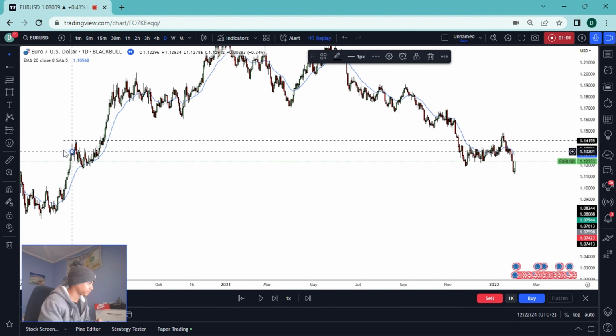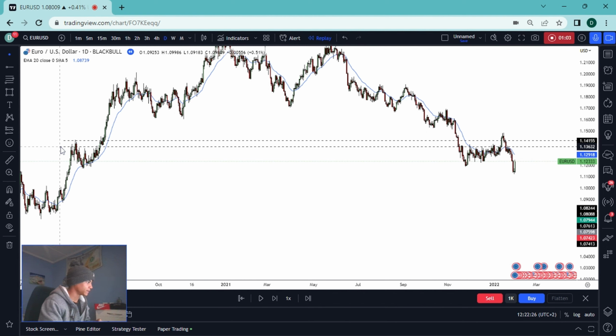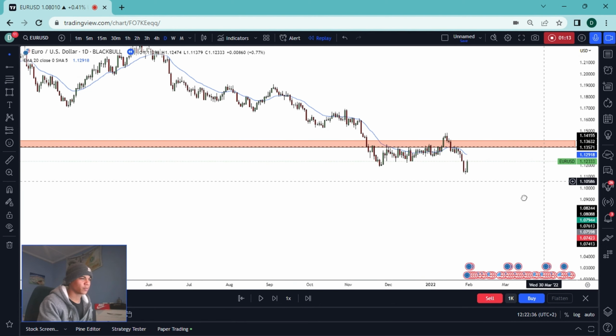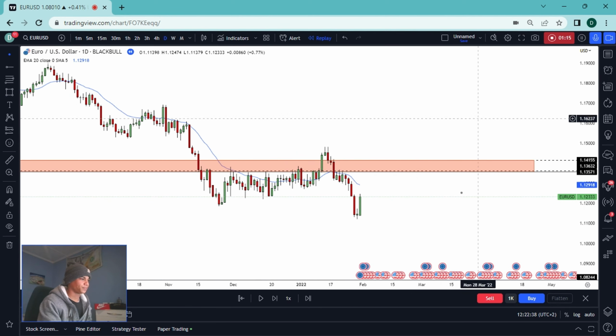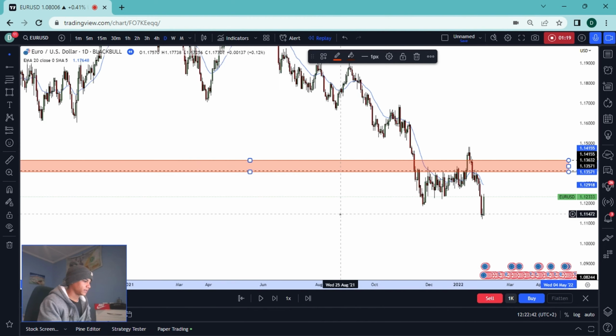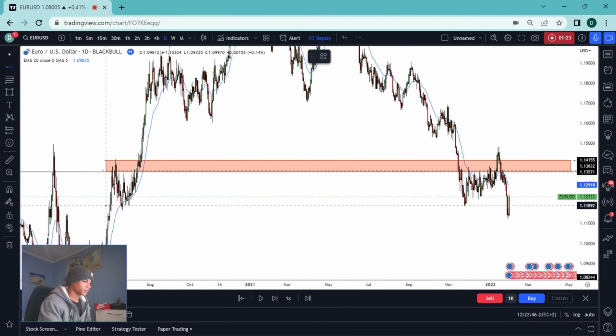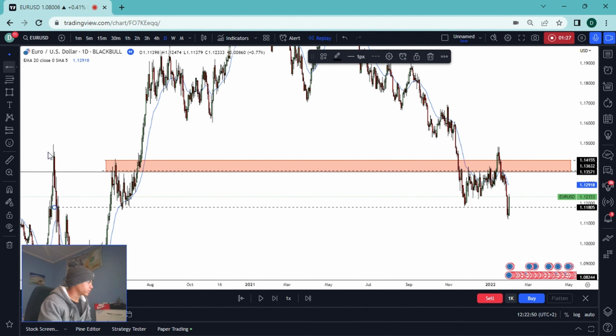So the first thing you guys need to do is draw up a level. As you can see, price is also at the level of support.